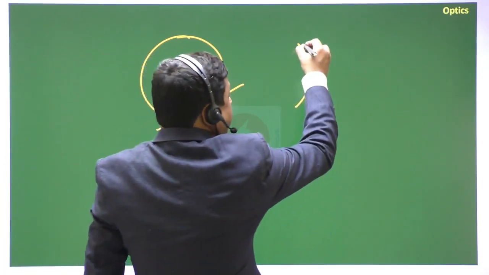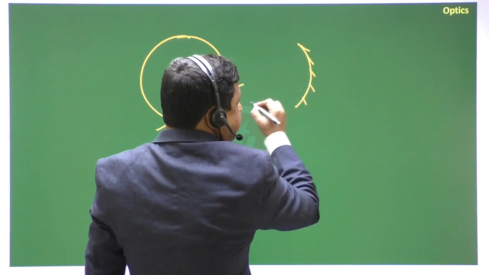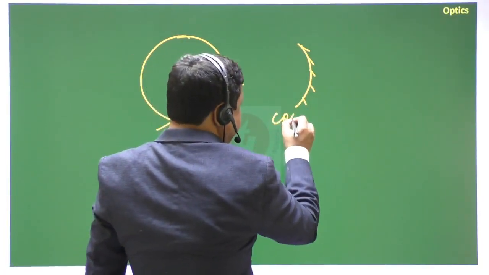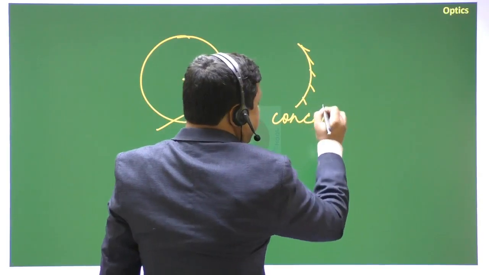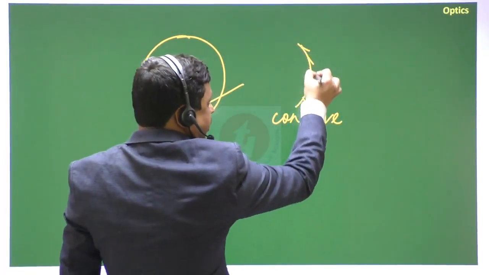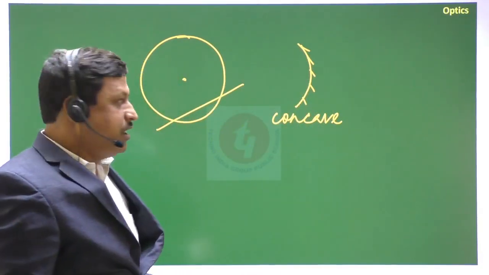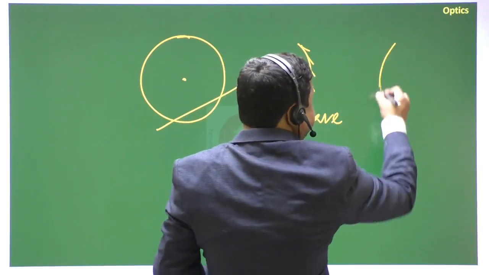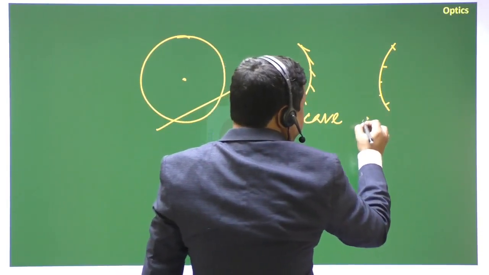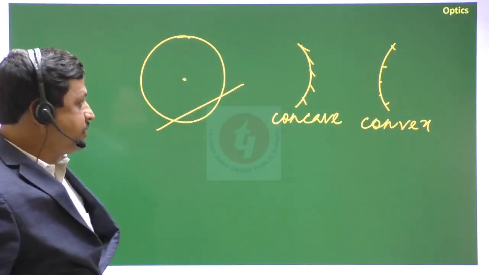If the reflecting surface is this, then this mirror is called concave mirror. That means in case of concave mirror, you have to polish the surface which is outside the sphere, right? And if you polish the surface inside the sphere, then it will make a convex mirror. Okay, this is a concave mirror and this is a convex mirror.